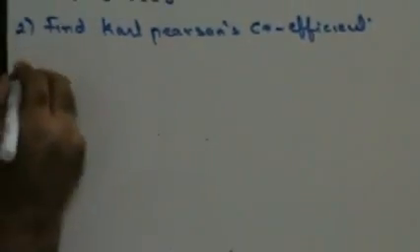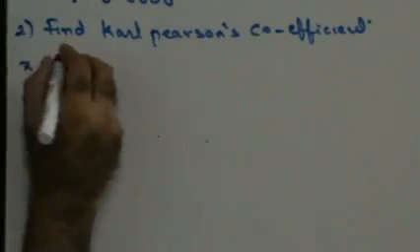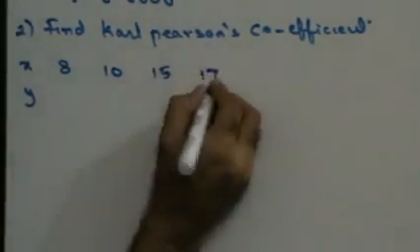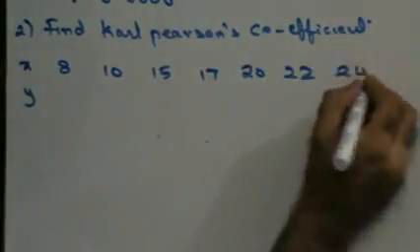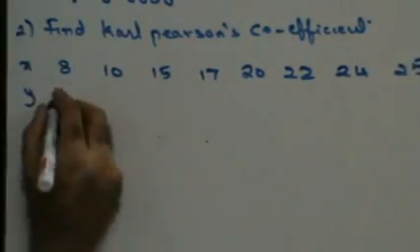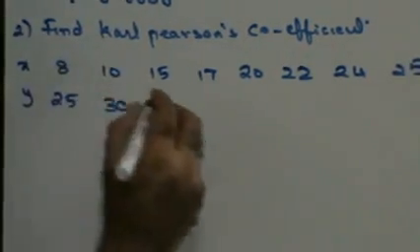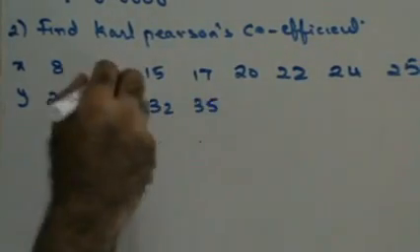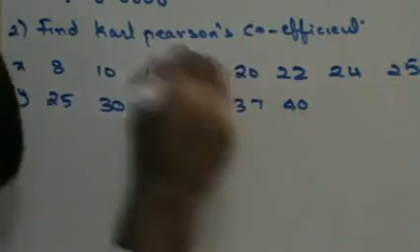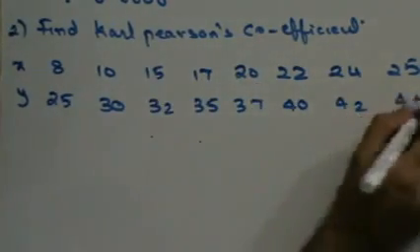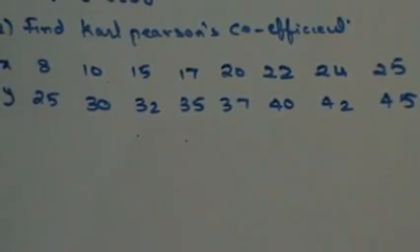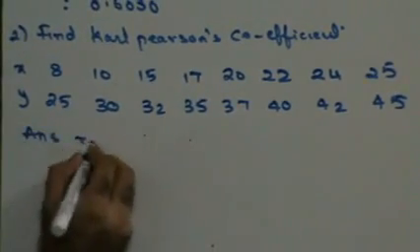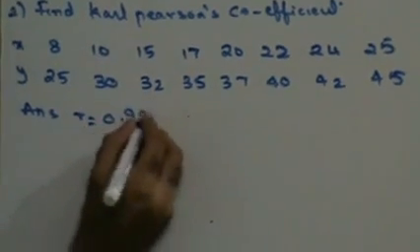They've given you the data as x and y: x is 8, 10, 15, 17, 20, 22, 24 and 25, and y is 25, 30, 32, 35, 37, 40, 42 and 45. Solve it exactly like the previous sum, and r should come out to 0.98.